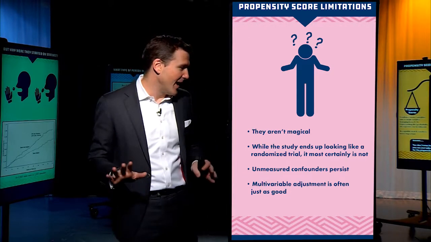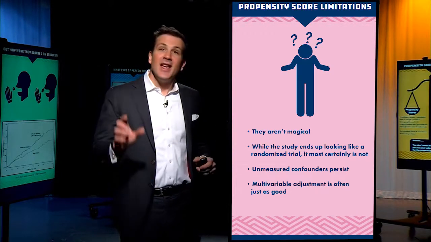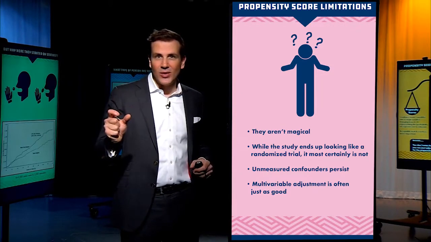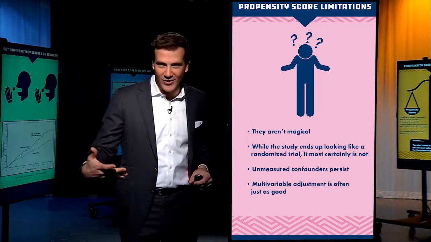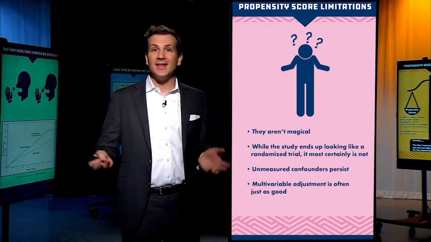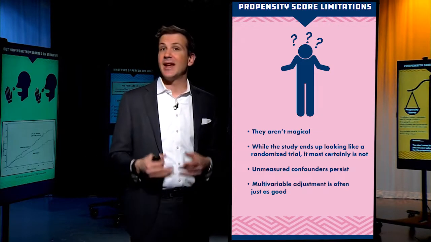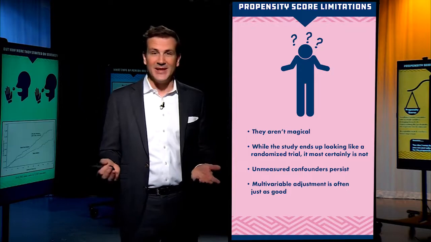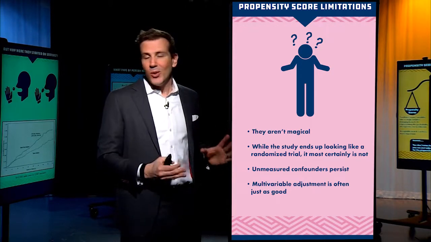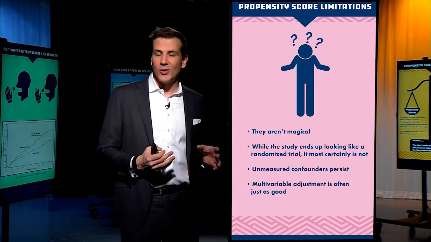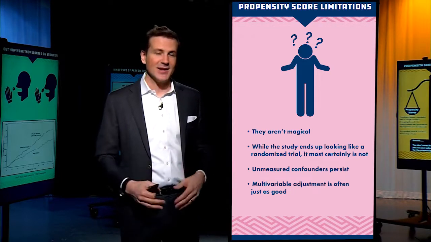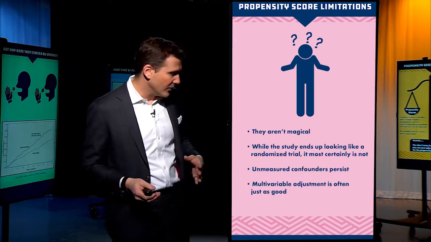It is not a randomized trial because you can't create a propensity score that accounts for unmeasured confounders, right? Randomization balances unmeasured confounders, like Mojo, because that's what randomization does. If you can't put Mojo in your propensity score model, it's not going to be balanced. It does not balance for unmeasured confounders.